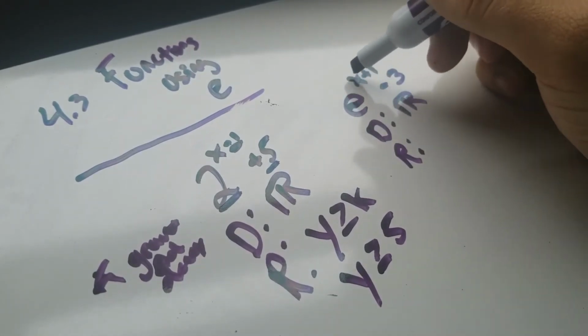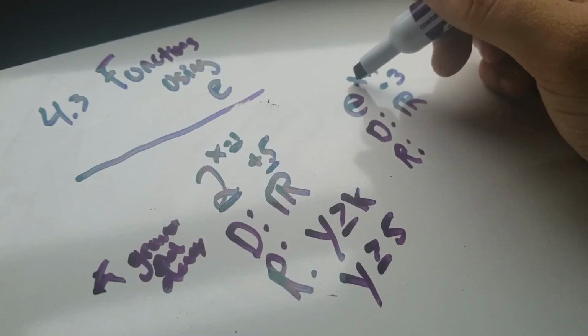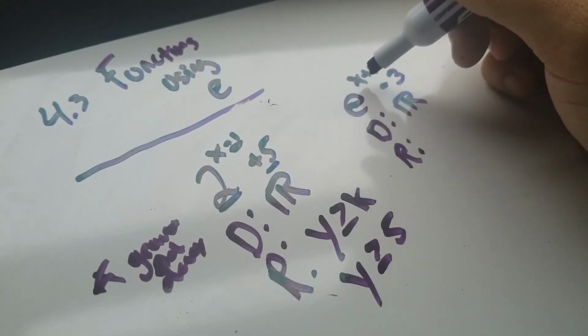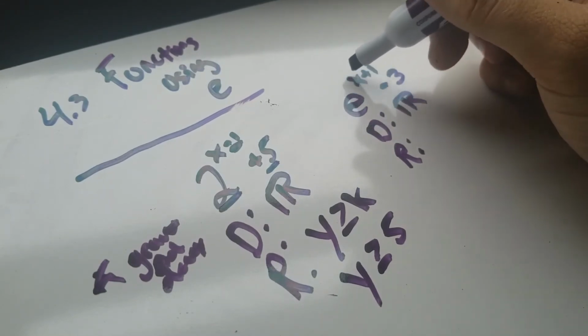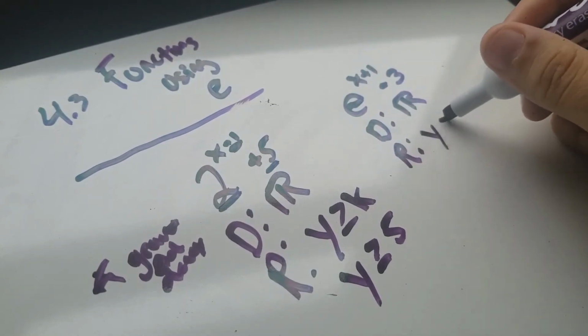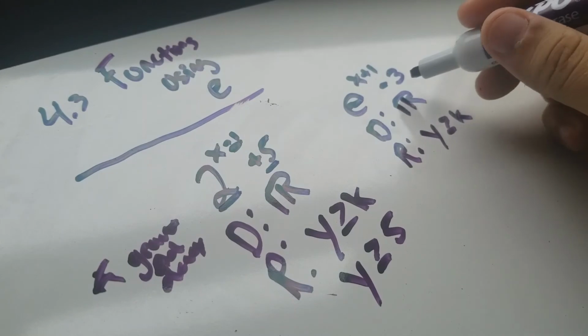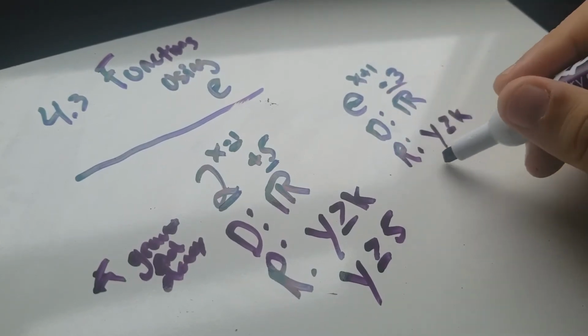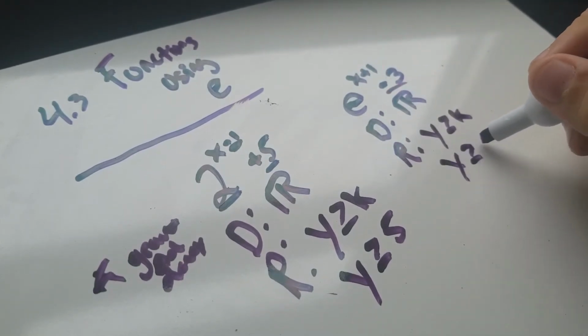If it was like a -1 billion exponent, it's like 1 over e to the billion. So it's just a really, really tiny number. So this will never go below 0. So then our range is always y is greater than or equal to k. And k in this case is -3. So y is greater than or equal to -3.